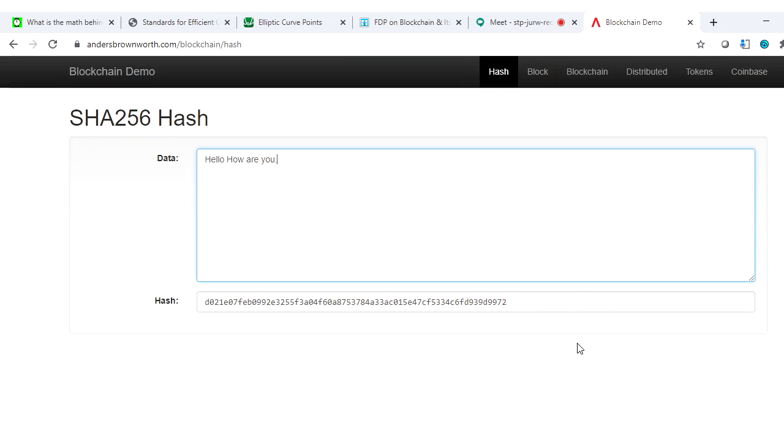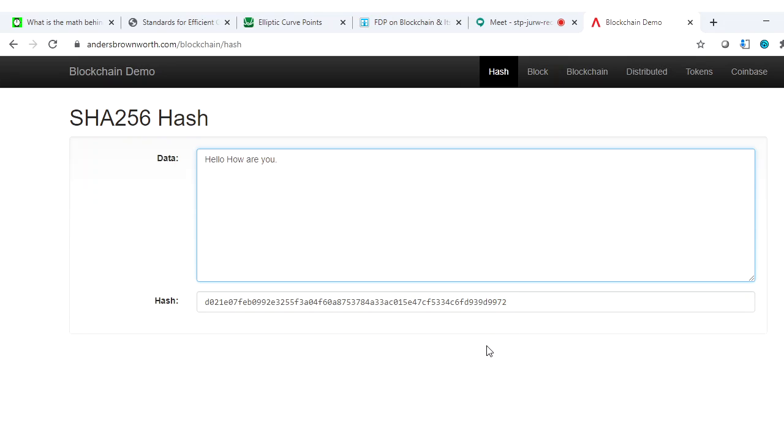The specialty of this hash data is that if you make even a small change in the original data, the hash value will change. For example, here I have kept a full stop at the end of the statement. Now I am trying to remove this. Let us see whether there is a change in the hash value or not. For easy recognition, we'll see 9972 is the ending number.